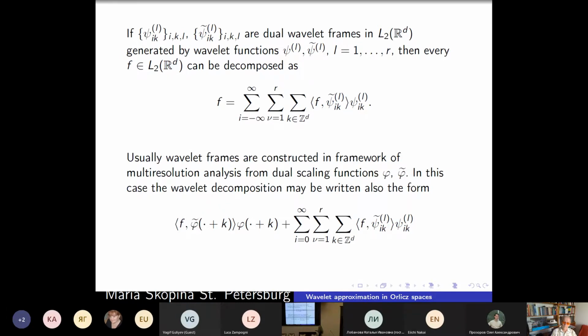Example. The second sum is over nu. What is nu? Nu is equal to L. Mistake, thank you. And here also nu. Sorry.